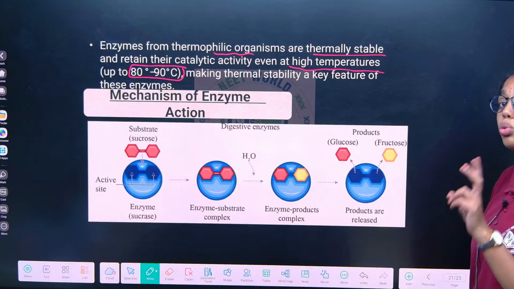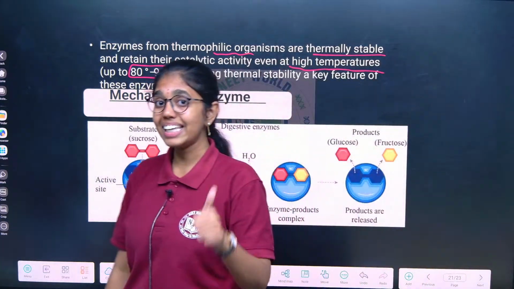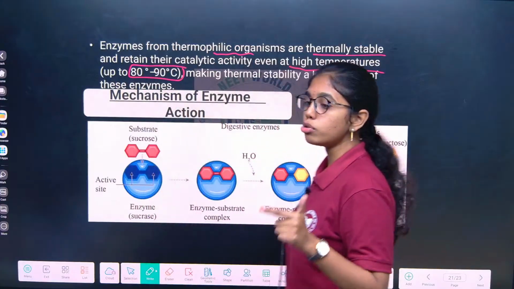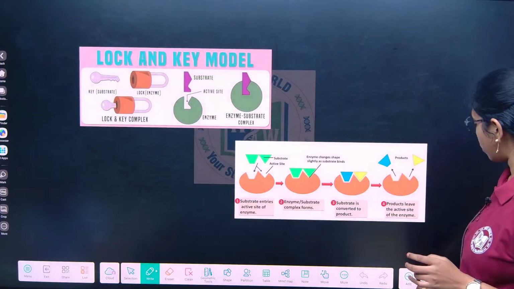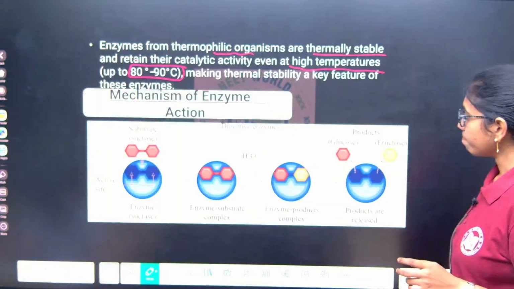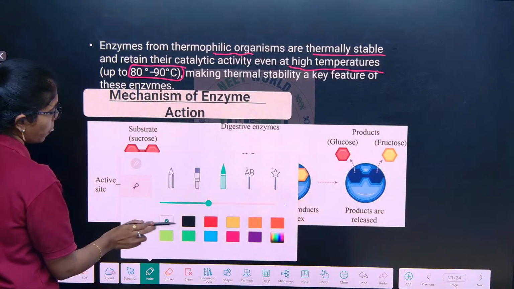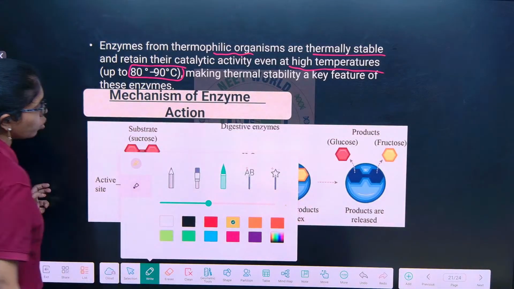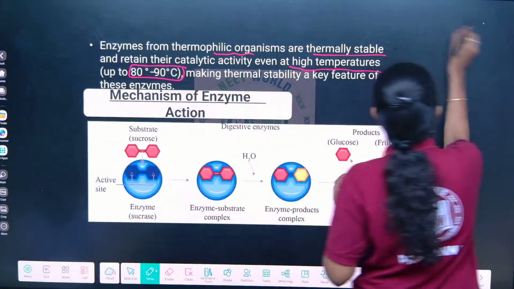Now we will see two modes of mechanism of action. One is lock and key hypothesis, second is induced fit model. First you see lock and key hypothesis, before that you see this. Let us assume the example of sucrose, inside a chloroplast.